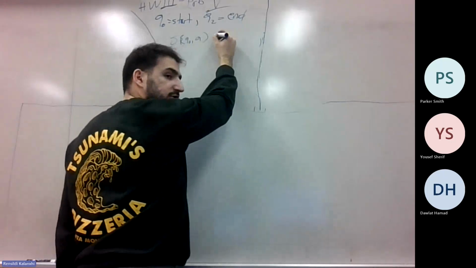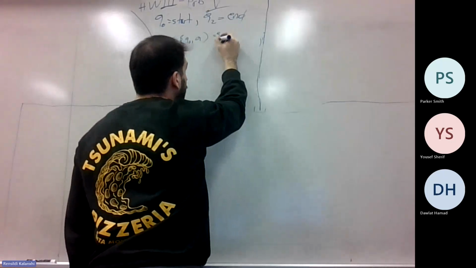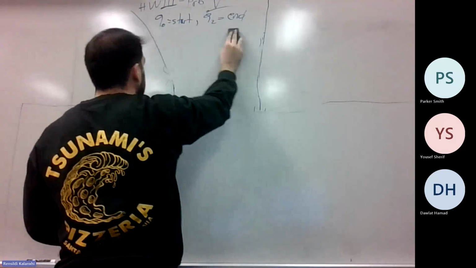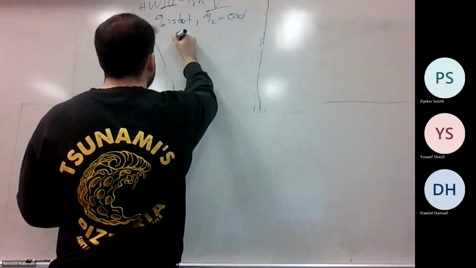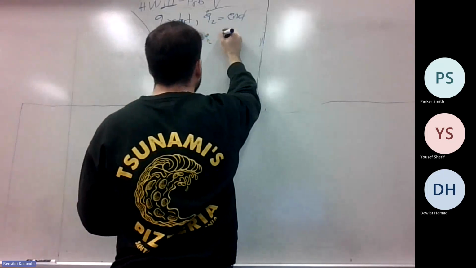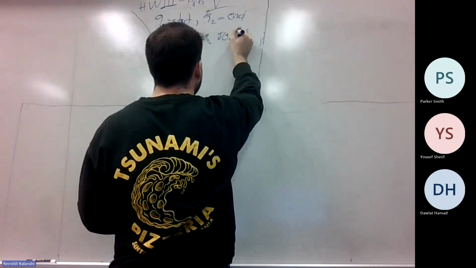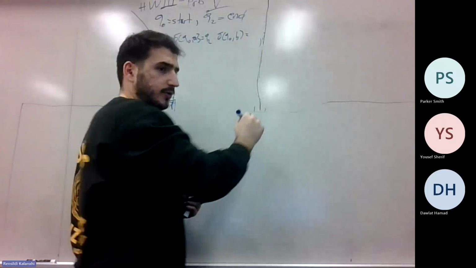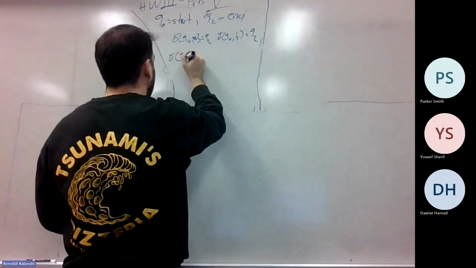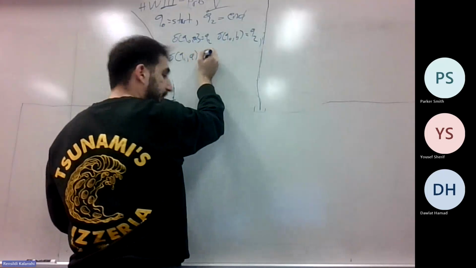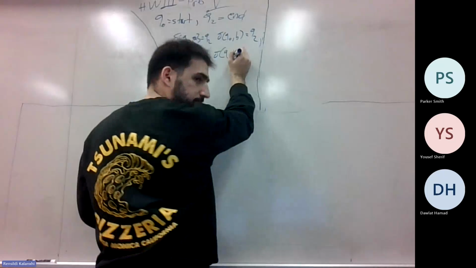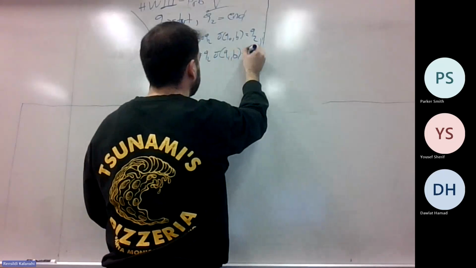From Q0, you transition on A to Q2. I need more space, I'm just going to write it smaller. Q0, A, Q2, and then Q0, B to Q2. Q1, A to Q2, and then Q1, B to Q2.